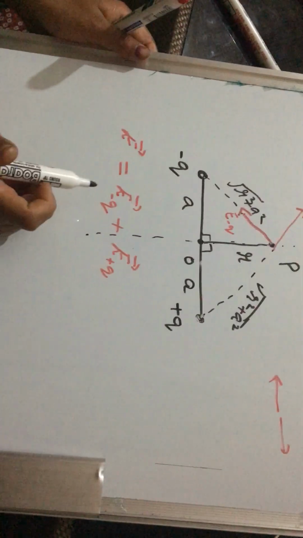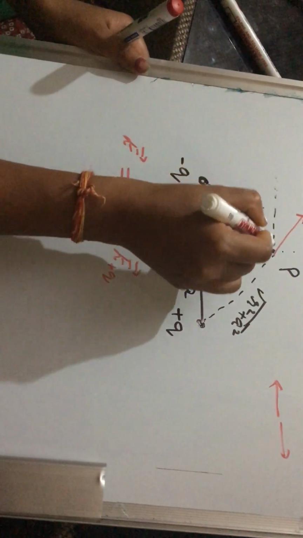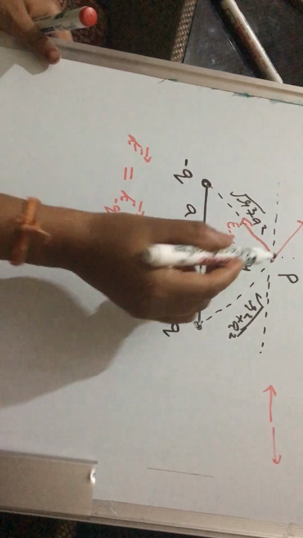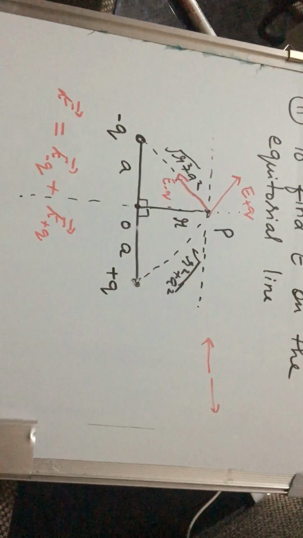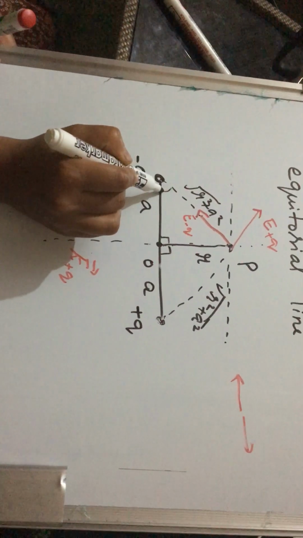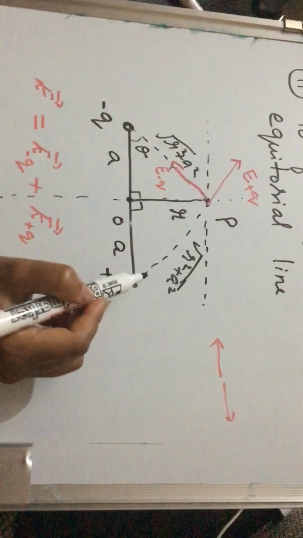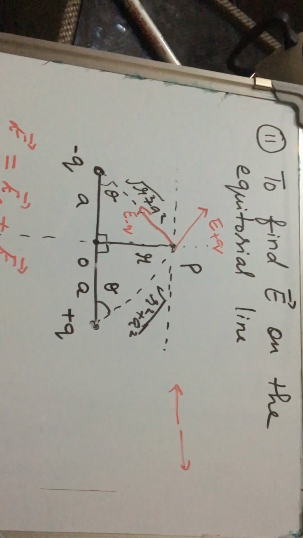Okay, now I'm doing a construction. Let us resolve the components of E plus Q and E minus Q. Now if this angle is theta, then this angle will be theta, right?